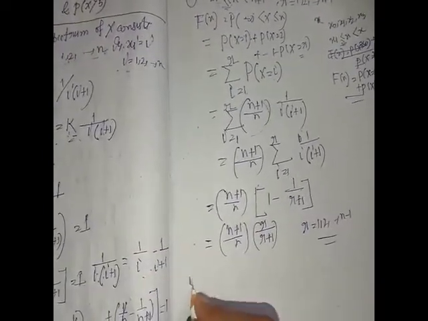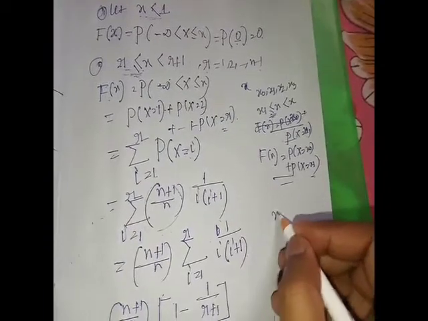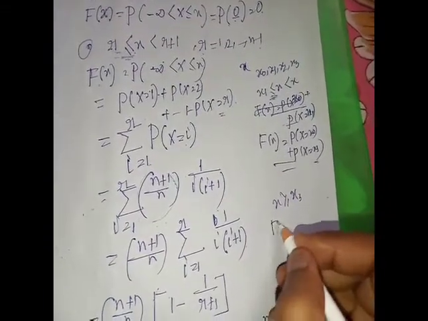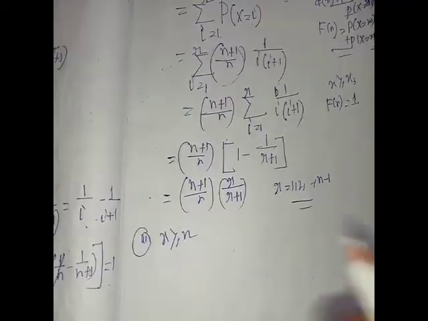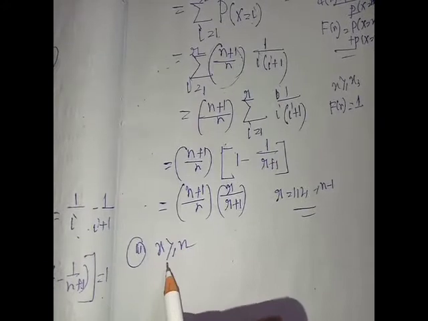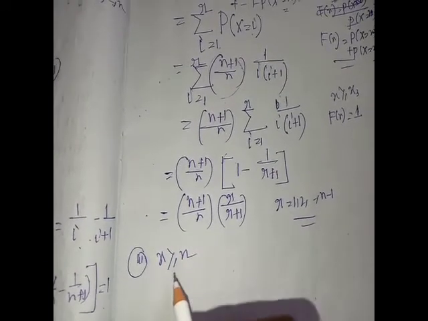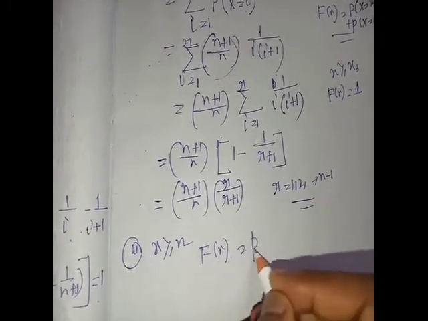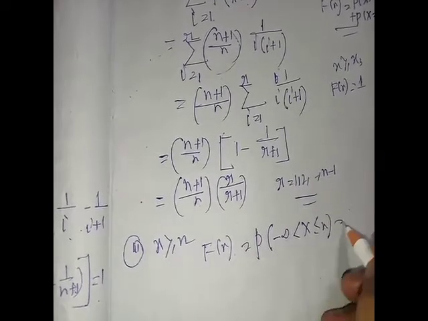Last case, if x ≥ n. In the previous problem, if x was greater than or equal to the last point x3, the distribution function was 1. So in this case, x is greater than or equal to the last point, and the distribution function is 1.